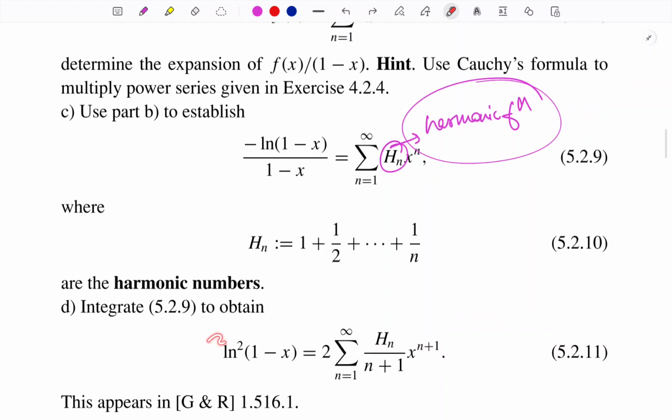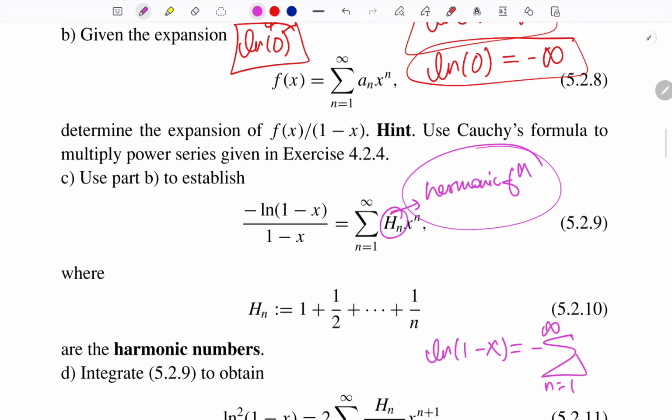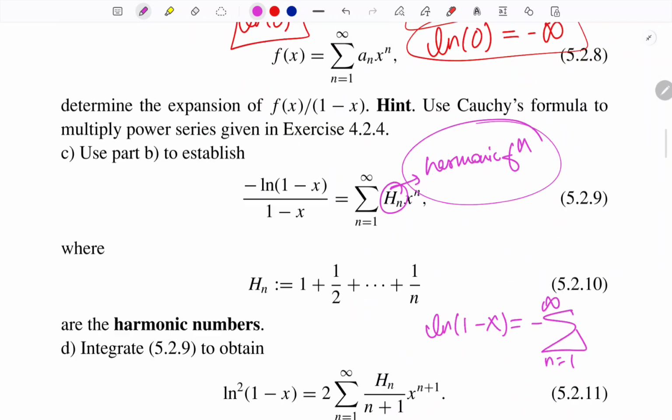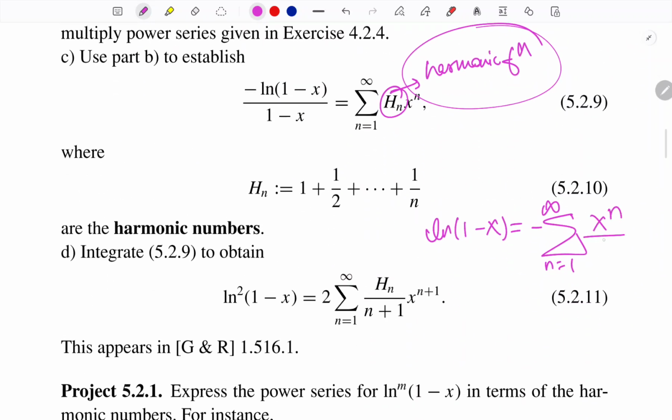Guys, we have ln squared of 1 minus x as this infinite representation, right? And remember that ln of 1 minus x was represented as, what was that? That was the sum of x to the n over n.